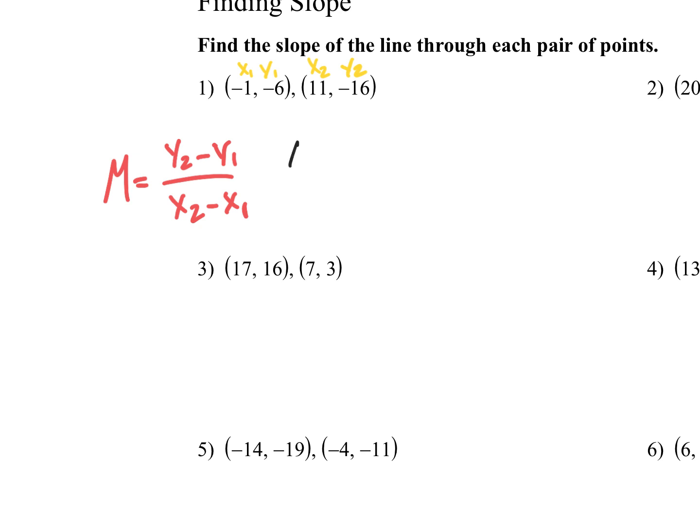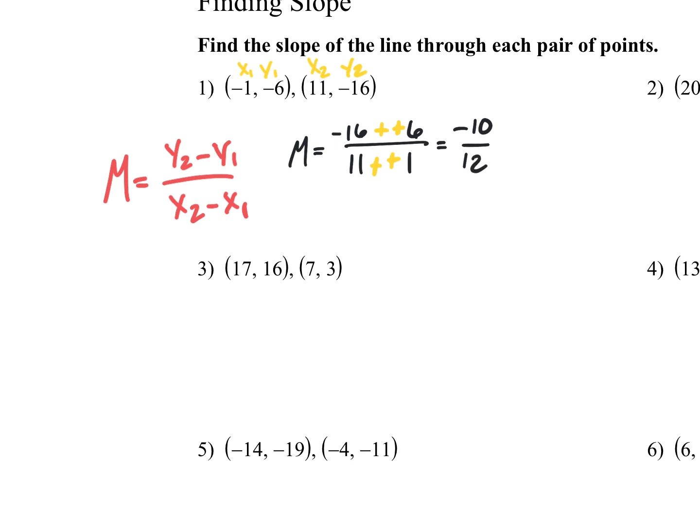And then you solve that by just plugging them in. So it would be y2, which is negative 16, minus a negative 6 for y1. All over, x2 is 11, minus a negative 1 for x1. 2 negatives here will make positives. That's the biggest key remembering here. So then up there, negative 16 and positive 6 make negative 10. 11 plus 1 makes 12.